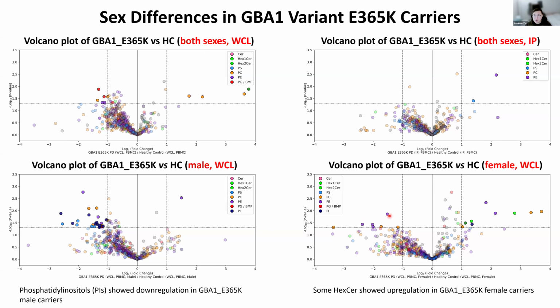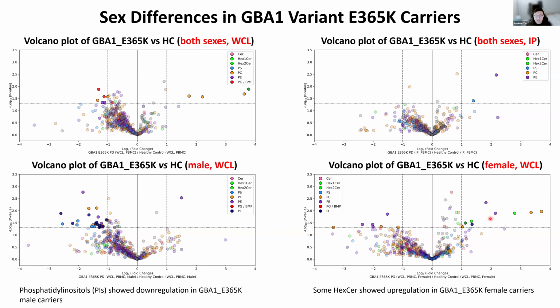For the female carriers on the right, from the whole cell level lipidomics analysis, we were able to see upregulation of some hexosylceramides, shown in green dots, on the top right of this volcano plot, showing good upregulation as expected in the GBA1 female carriers.